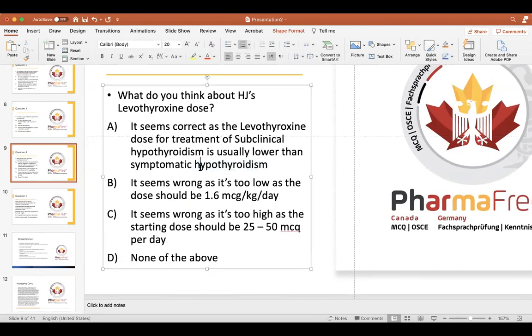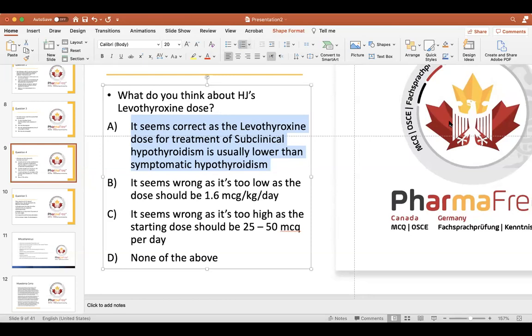Do we need to titrate the levothyroxine? No, I don't think so. In this case, no. In general, my friend, in general. Yes, yes. Why? I guess we only titrate in angina or cardiovascular risk patients.